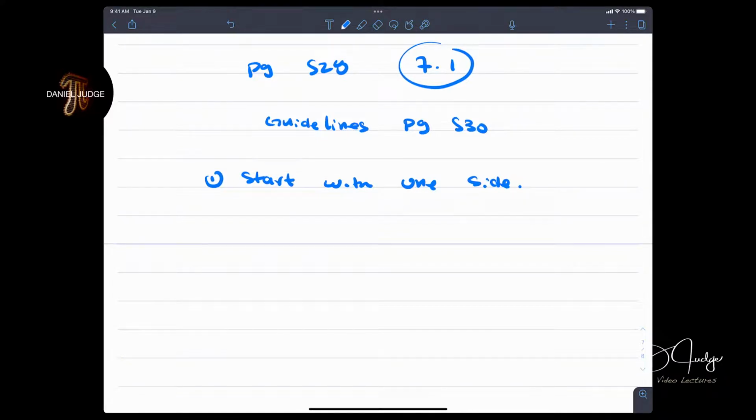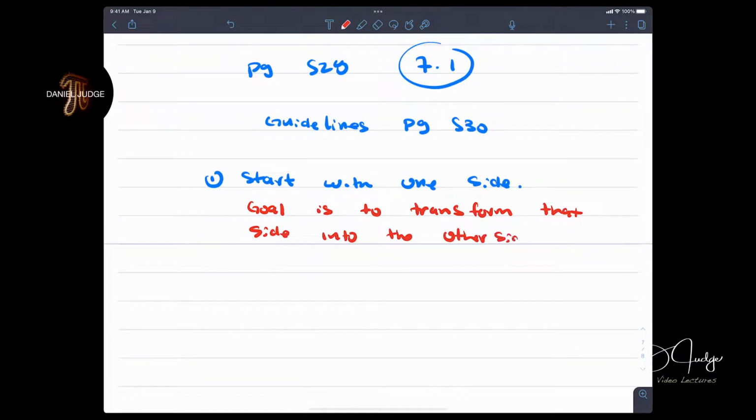Start with one side, and your goal is to transform that side into the other side, like we've been doing.